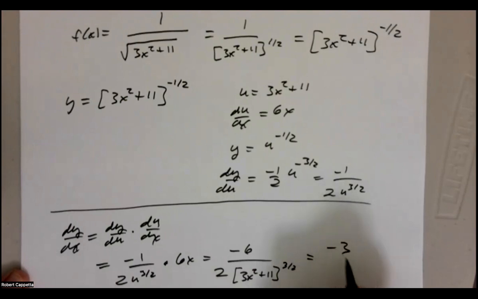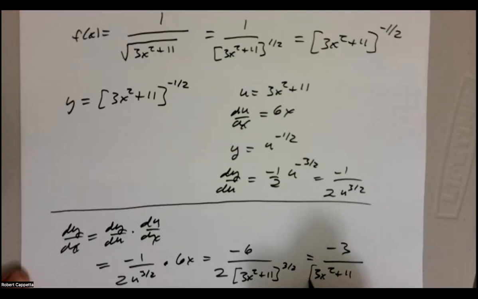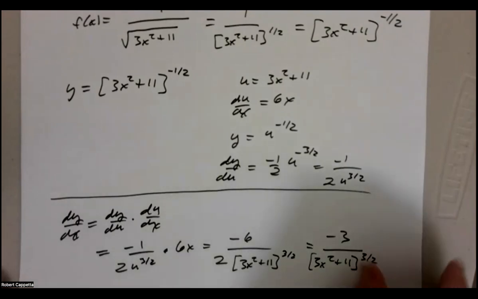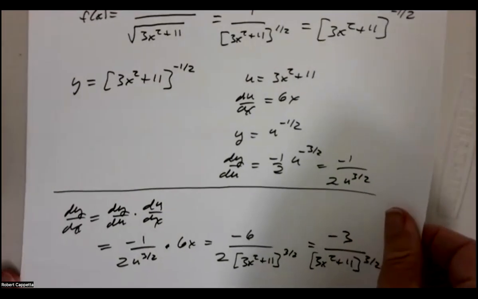And I get negative 3x over (3x squared plus 11) to the 3/2. That's what happens to that one. Again, we're being very formal with the chain rule just to make sure that we cement the idea.